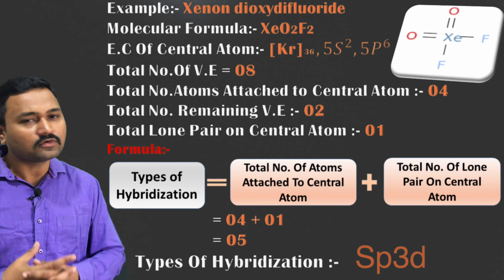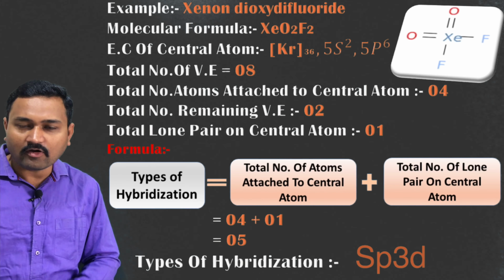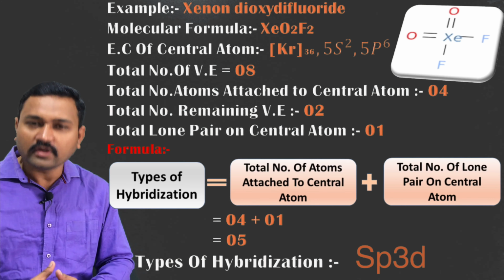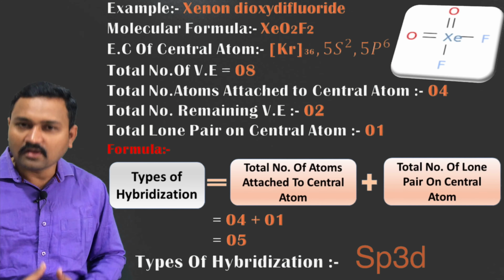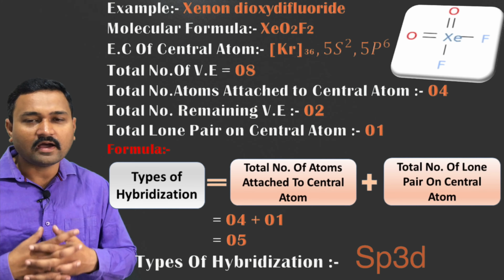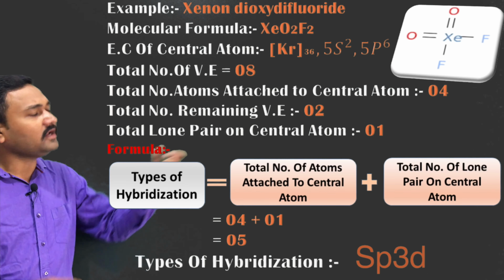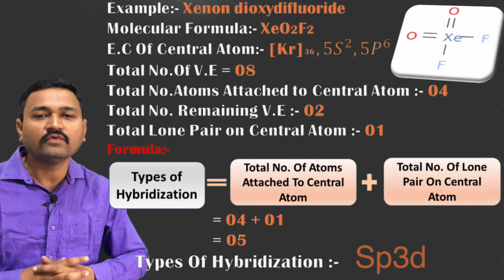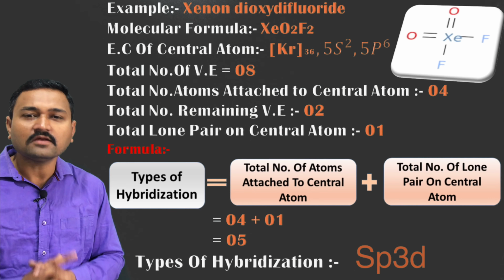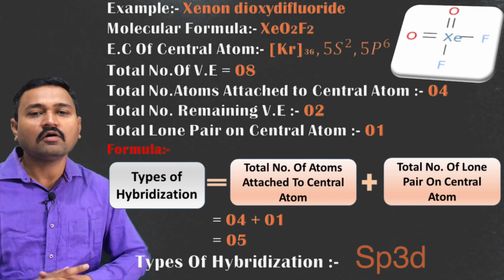So, here you have to note one important point. I have shown the structure of the xenon dioxydifluoride molecule. Here you can observe that the 2 fluorine atoms attach to the central xenon by a single bond, while the 2 oxygen atoms attach to the xenon by a double bond. So, out of 8 valence electrons, the 2 fluorine will use only 2 valence electrons as they form a single bond, but each oxygen atom will use 2 valence electrons of xenon.